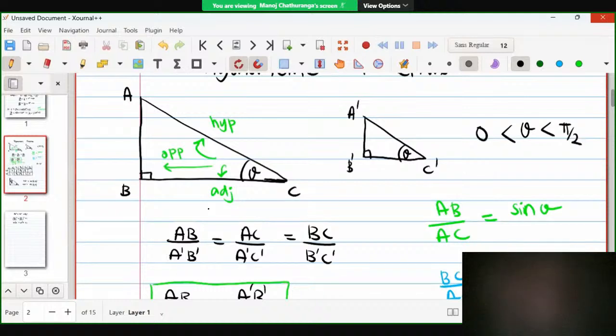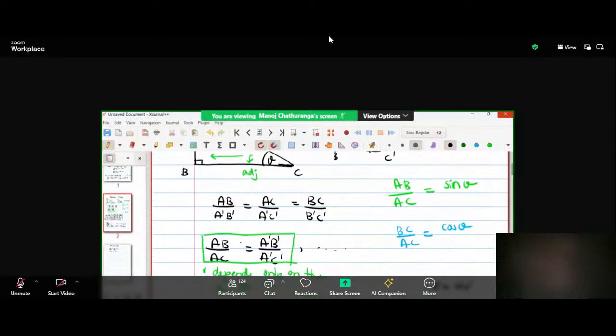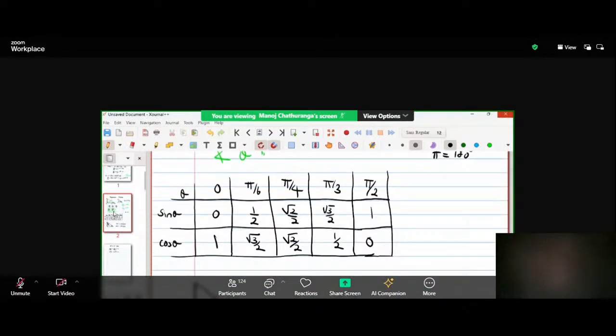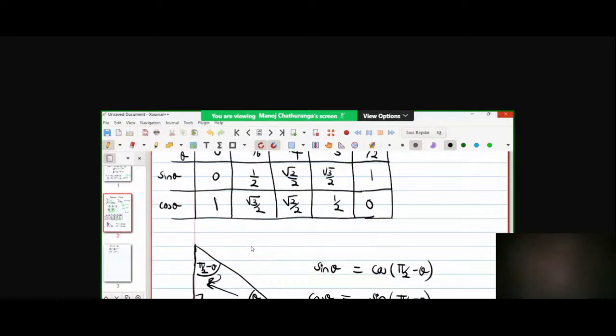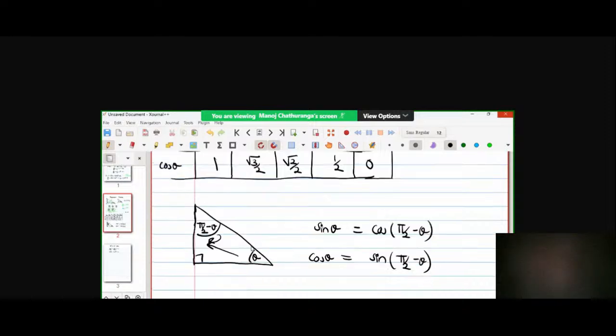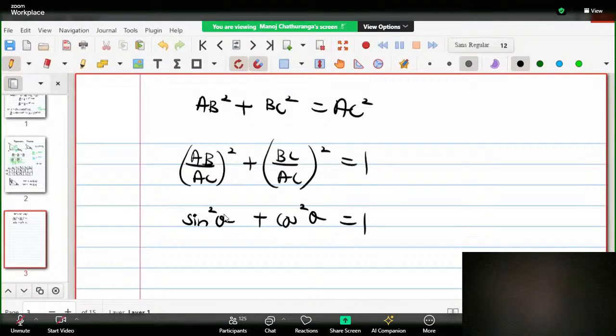In fact, 0 and pi by 2 are not even in the domain of sine and cosine function at this point, but we included them to get these limiting cases. So we force them to be in the domain. Those are not really natural numbers in the sense that we will not have triangles at those points.